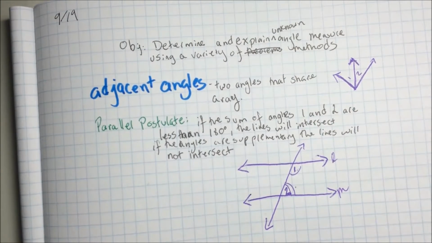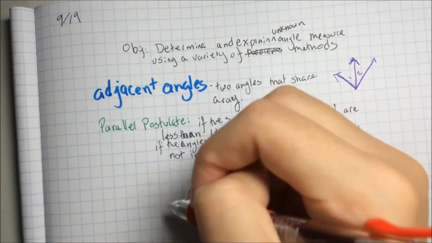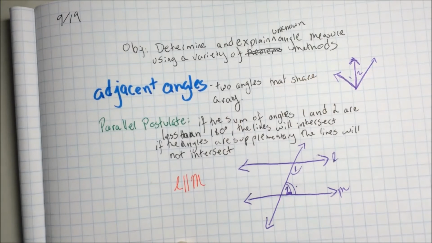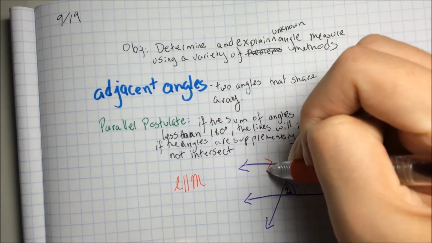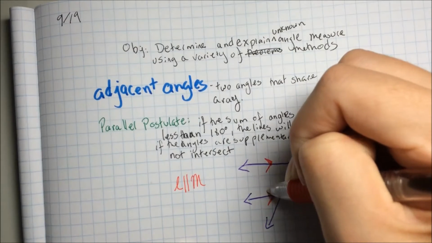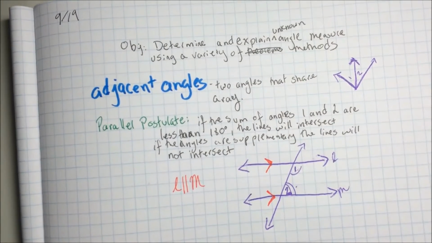So I denote L and M being parallel by writing this. L is parallel to M. Okay? And I can also denote them being parallel by using this notation. It's like a hash mark, but it's more like a little arrow. So two lines are parallel if I see this little hash mark on there. Okay?